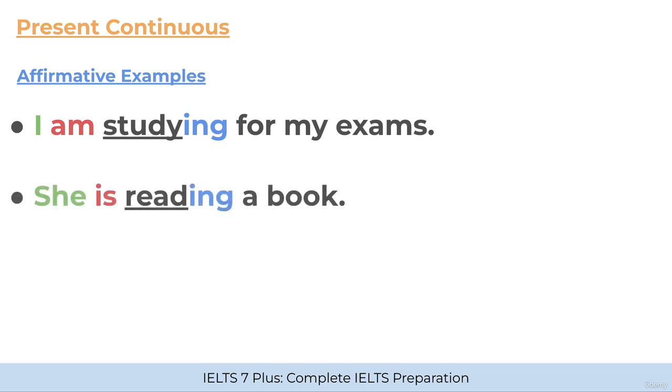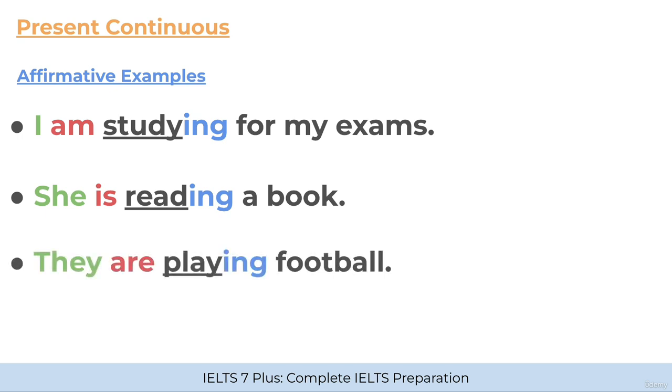Another one, she is reading a book. Here we go, so that ing reflects that ongoing nature. They are playing football. So in all of these examples, to be is matching the subject, and then the verb has that present participle ing.